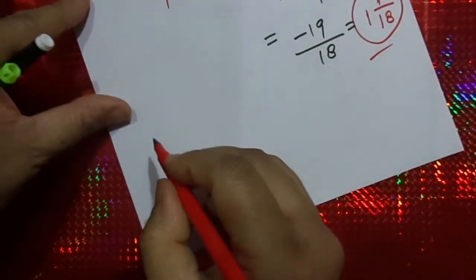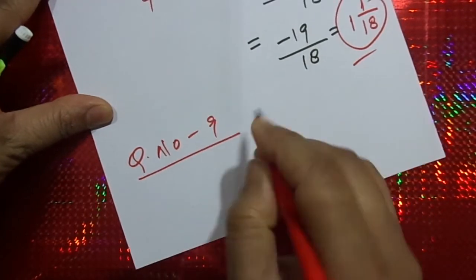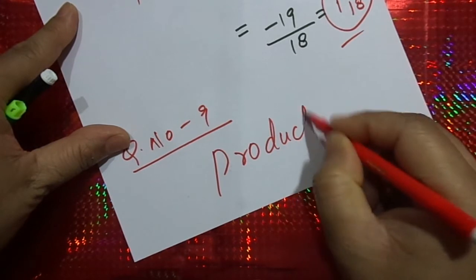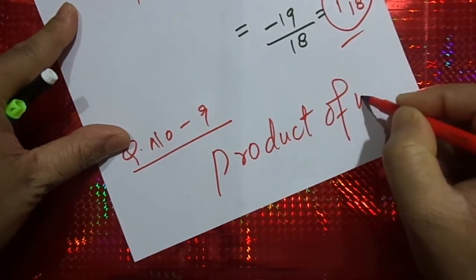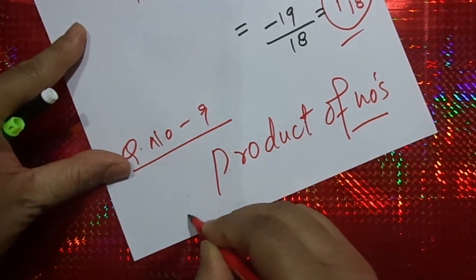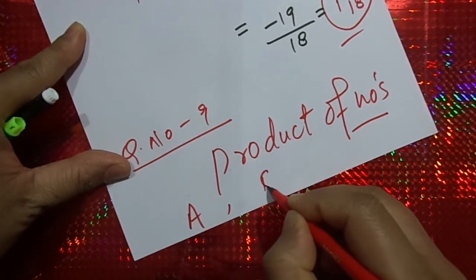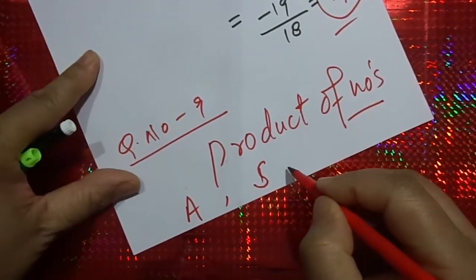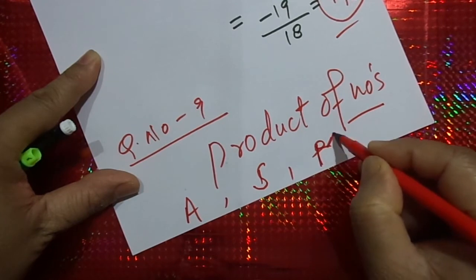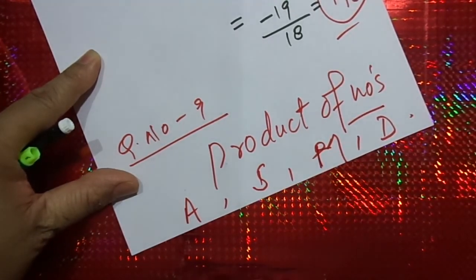Question number 9. And in question number 9, I find that they are talking about the product of numbers. 2 numbers. So what we saw? First we saw addition. Then we saw subtraction. Then we are seeing the product of the numbers, means multiplication. And then we'll see division. Bas, and our chapter will be over.